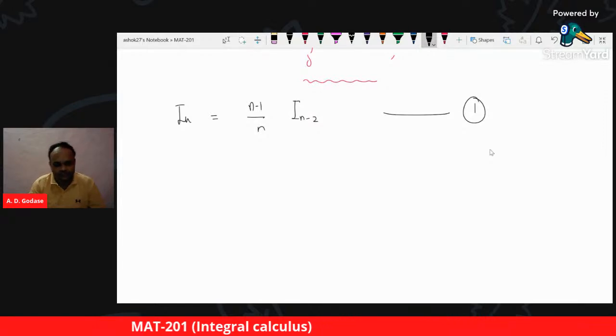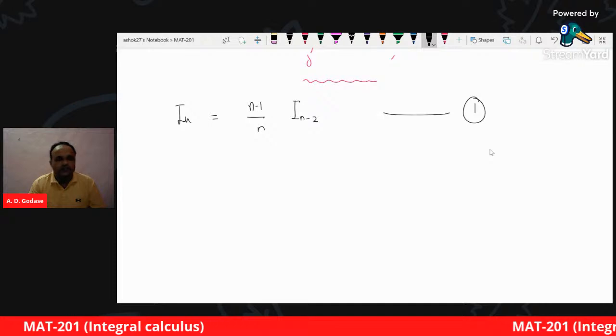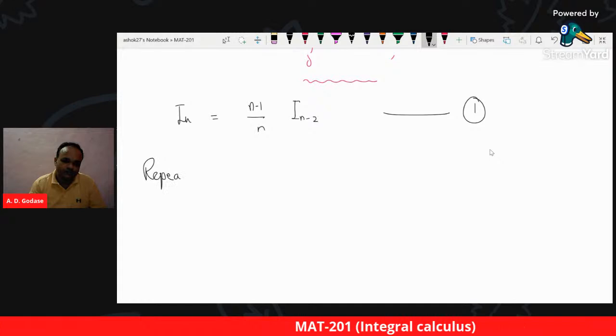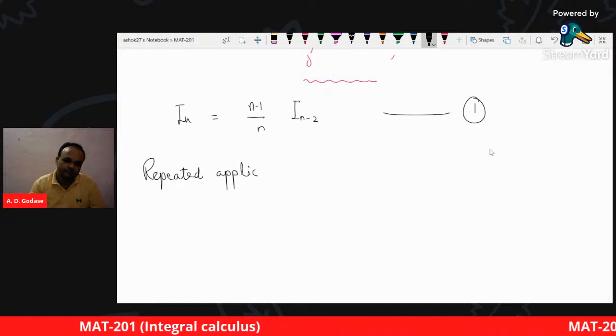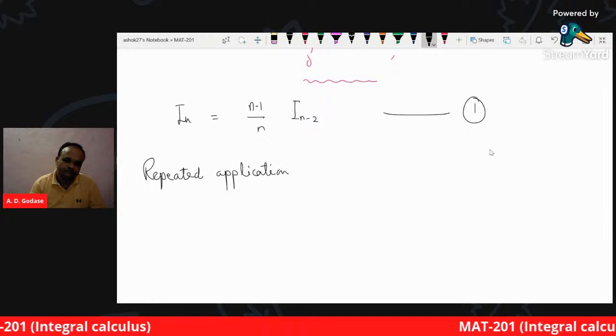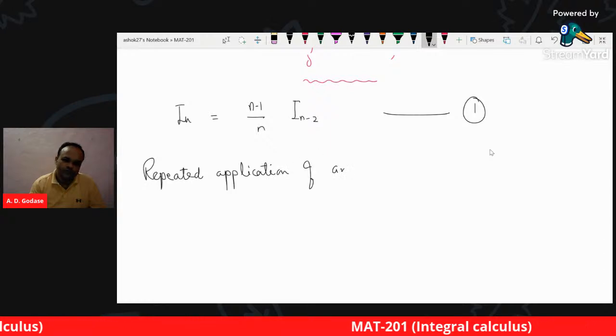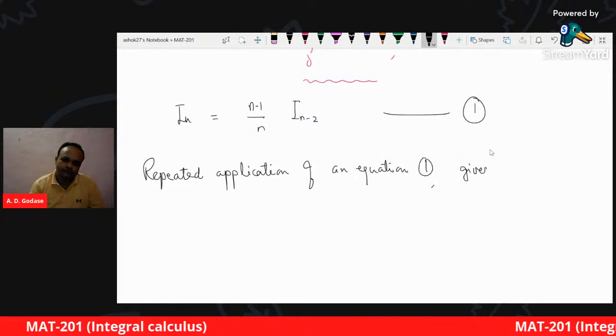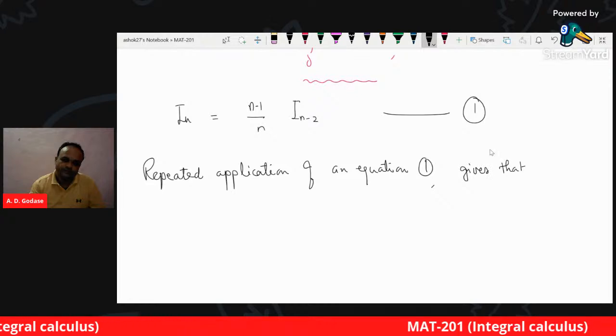So repeated application of equation 1 gives the following.